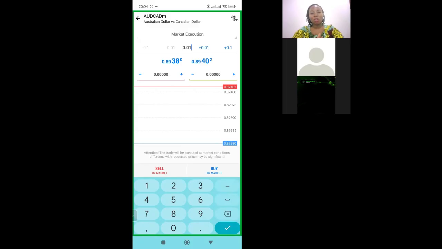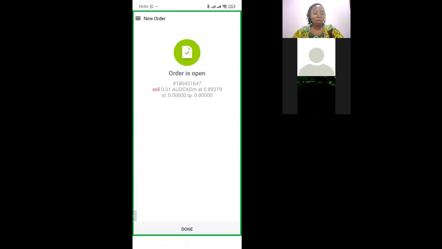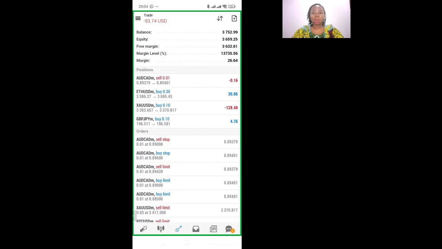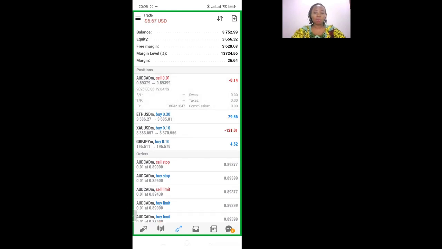Once you change your lot size back to 0.01, let's say we want to sell, we can do sell by market and have this thing floating. You can now start to say, maybe let me change at this point, let me adjust.